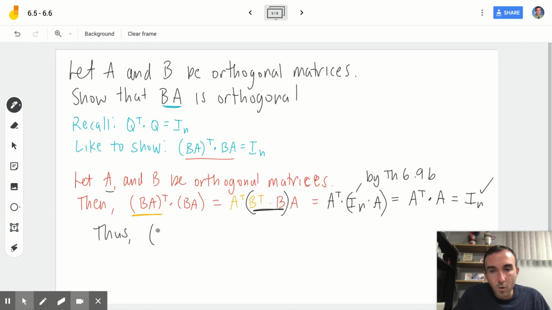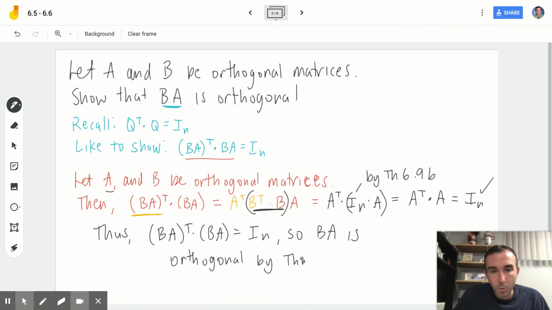So we can conclude by saying (BA) transpose times BA equals the identity matrix. So BA is orthogonal. And again, this is a result of theorem 6.9, part B. So that's all we have for this lesson. I hope that this was helpful, and I look forward to practicing with you more in class. See you soon.